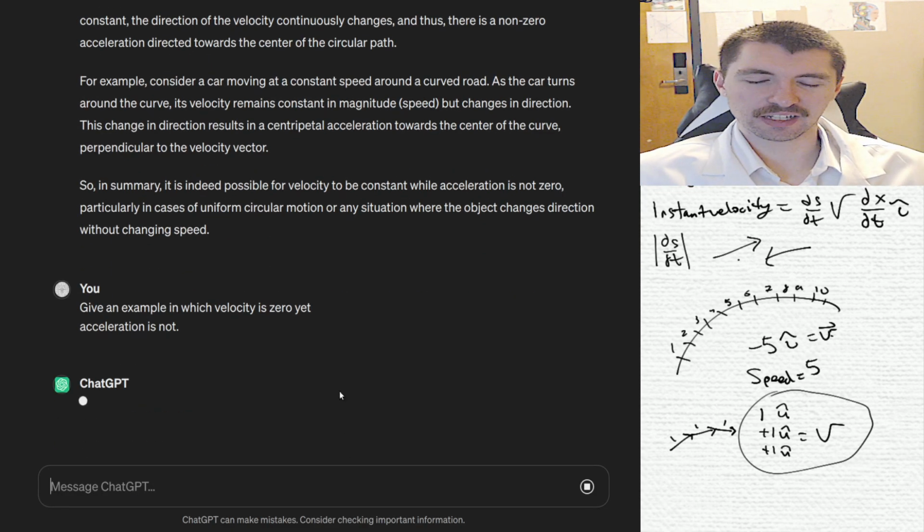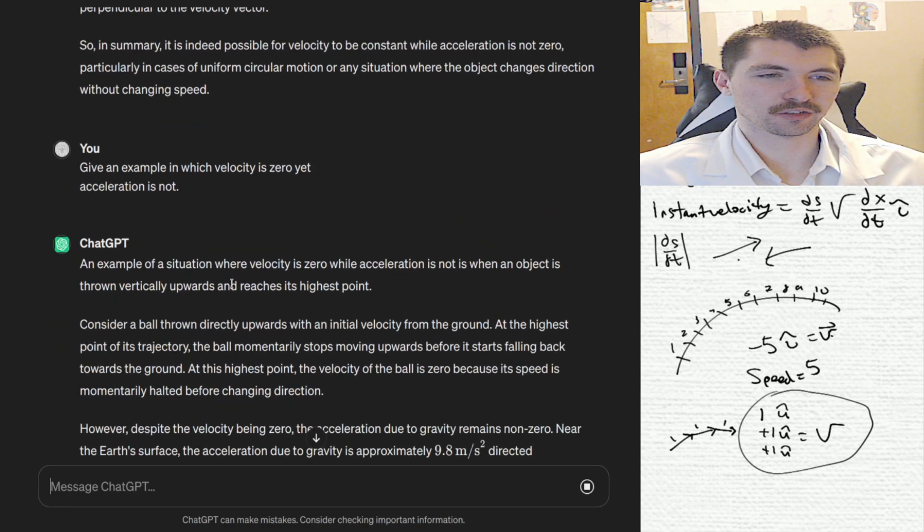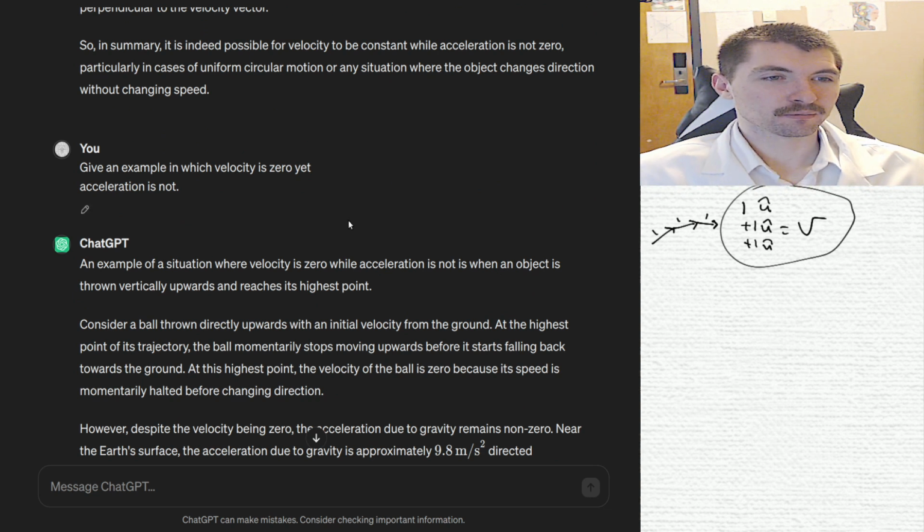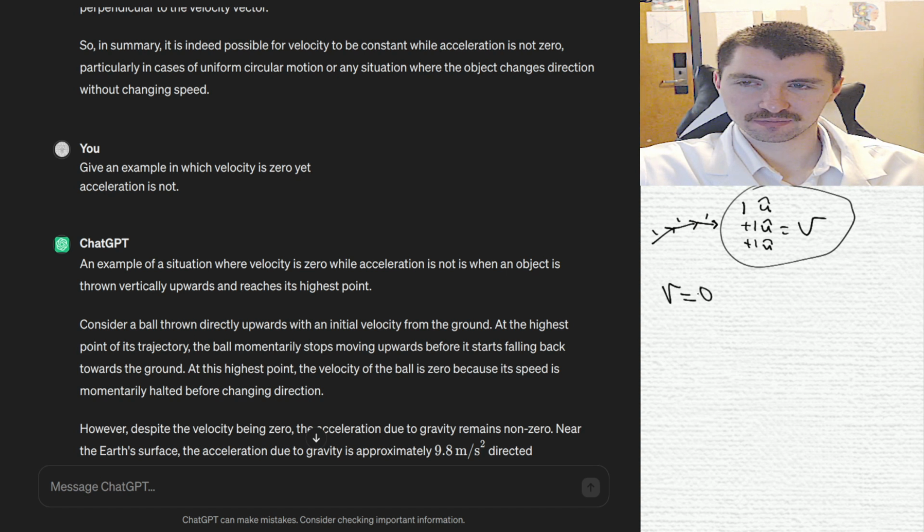These are head-splitting questions, I would say. I don't know if you're having the same thoughts. Given an example in which velocity is 0. Okay, velocity is 0.